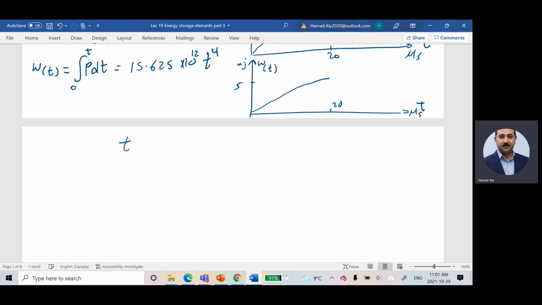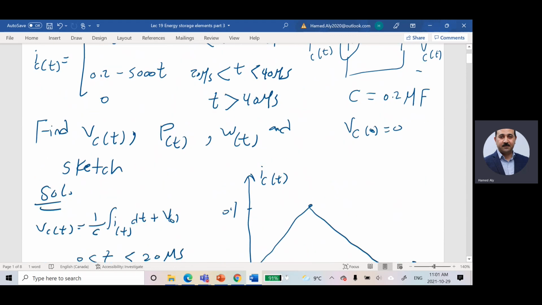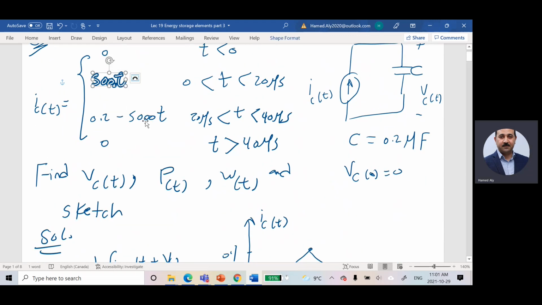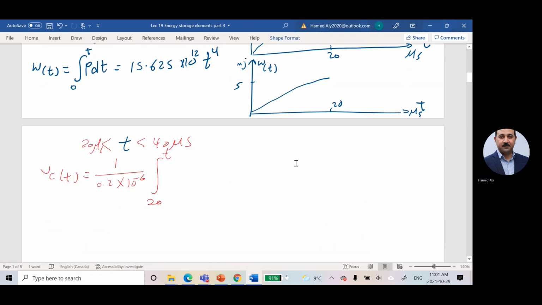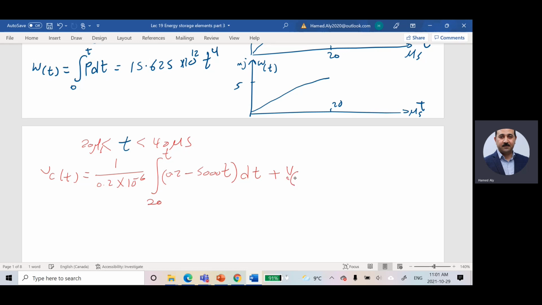So for the period from t greater than 20 up to 40 microsecond, I can say Vc of t is equal to 1 over c multiplied by the integral from 20 microsecond up to t, for the new function, which is this function, equal to 0.2 minus 5,000 t dt, plus the initial voltage at t equal to 20 microsecond.